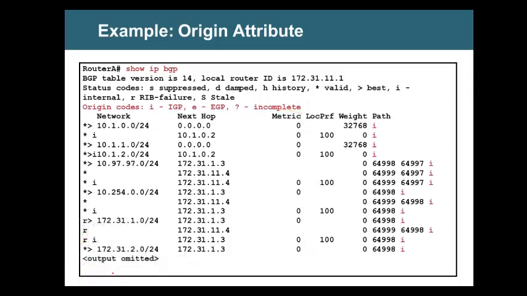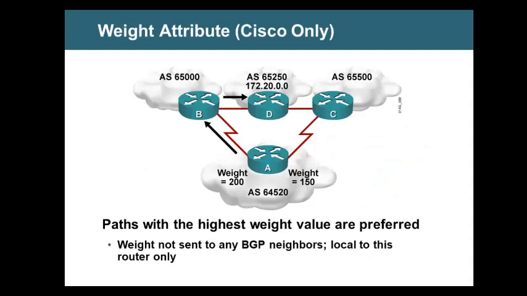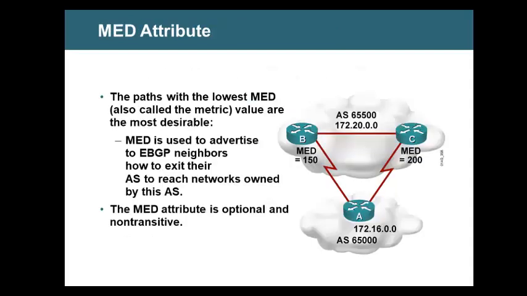So optional non-transitive is MED. Don't forget some examples you should say in the interview. Optional non-transitive is MED. Optional transitive in Cisco, weight. Well-known discretionary, local preference. Well-known mandatory, origin.